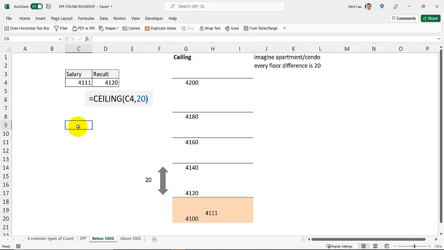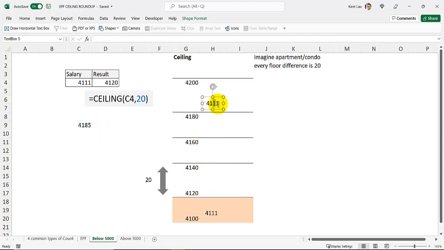Now if you have another value, say 4185, where is it? 4185 is somewhere here.